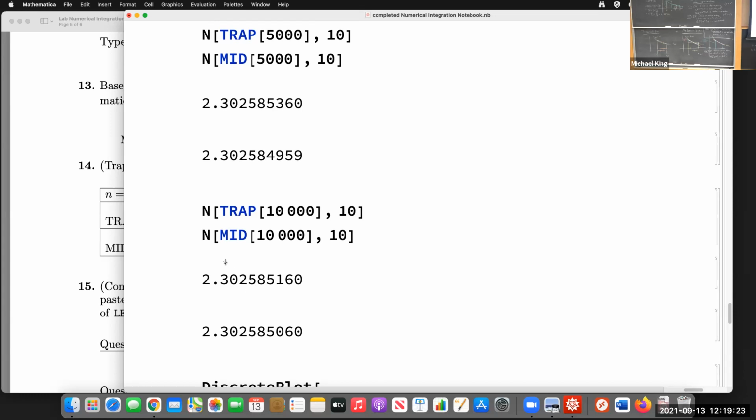That's the other thing. Trapezoid and midpoint estimates are better than the left and right. You can just tell there's less area that's missed by the trapezoid and the midpoint, right? I guess that's the other thing I should really write down, is that the trapezoid and midpoint estimates are better than the left and right.